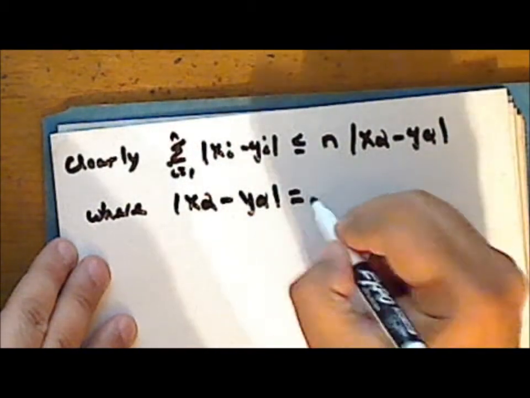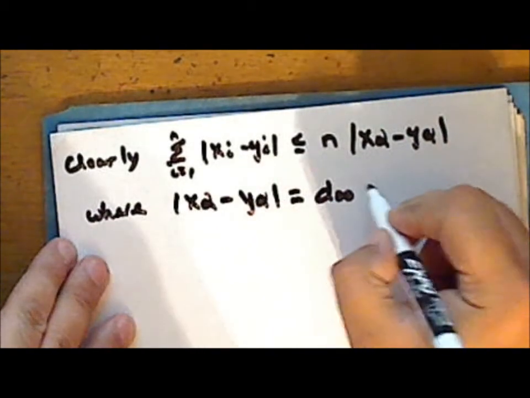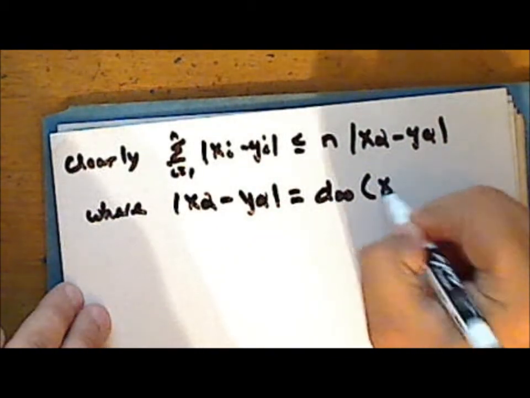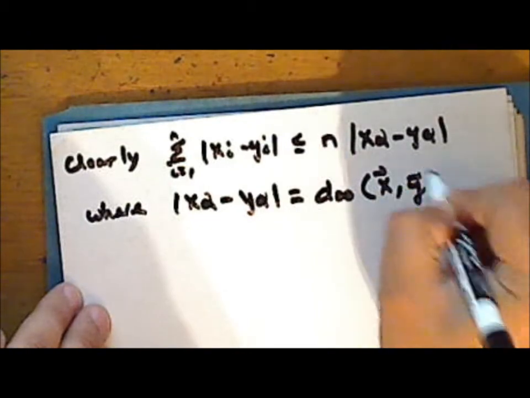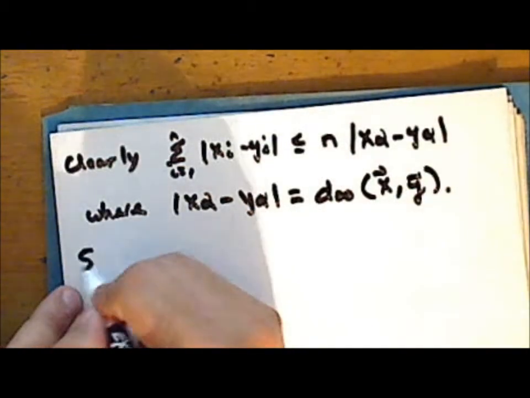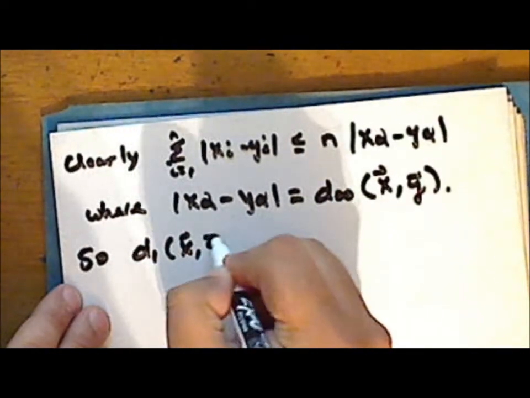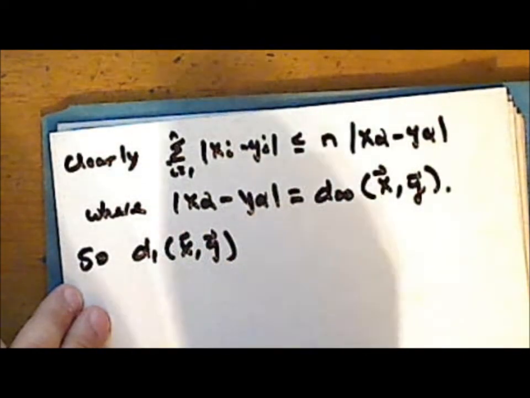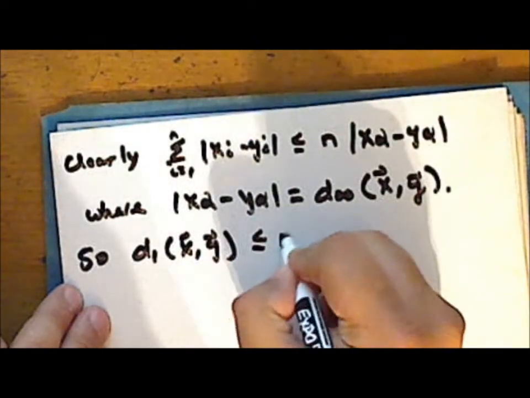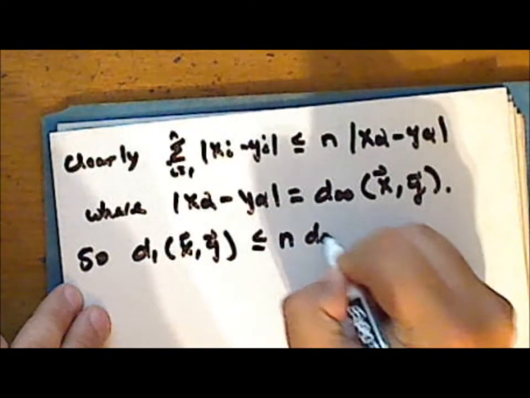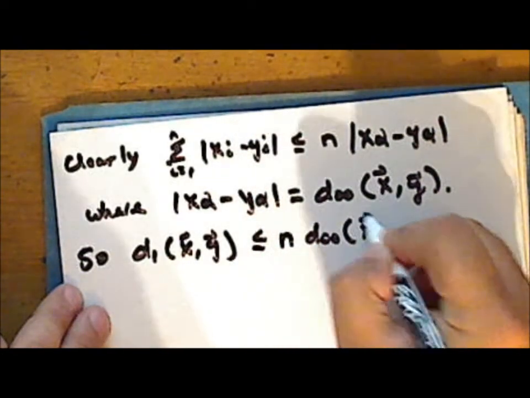That is, it is the distance in the square metric. And so we have that d sub 1, the distance from x to y in the taxicab metric, is less than or equal to n times that distance in the square metric.